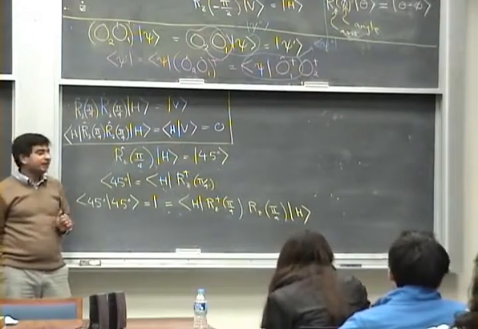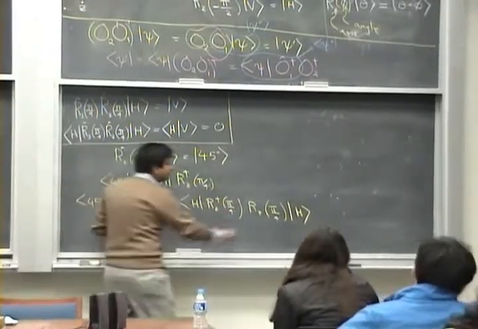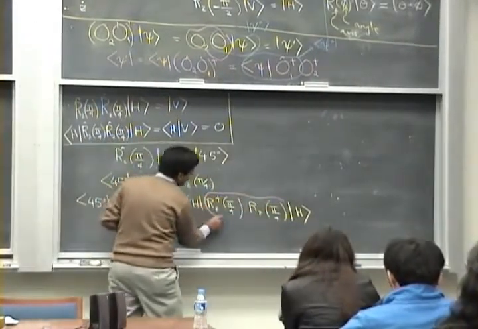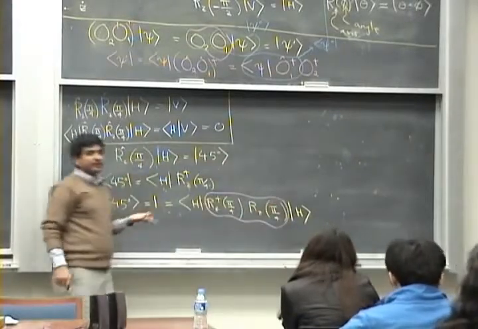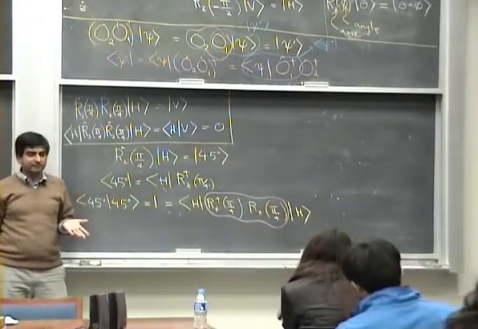Now what does this mean? If this has to be equal to 1, this operation has to be equal to the identity.